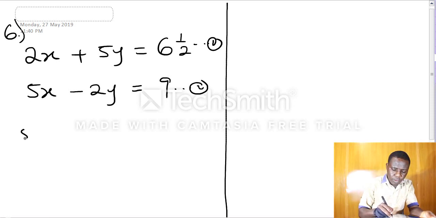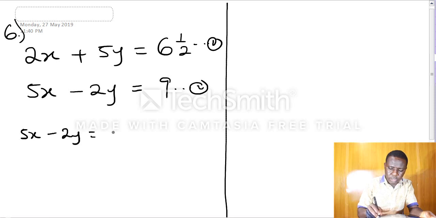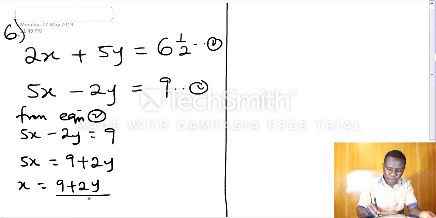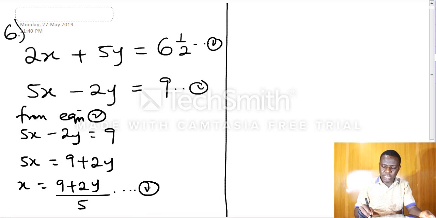This becomes 5x minus 2y is equal to 9. This is from equation 2. So this becomes 5x is equal to 9 plus 2y, and x is said to be equal to 9 plus 2y divided by 5.